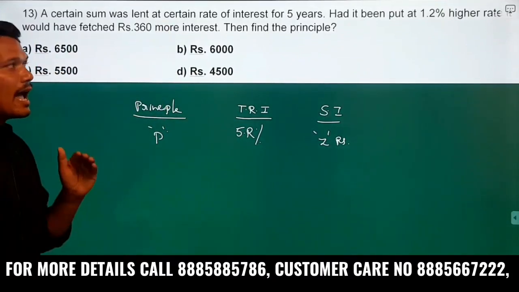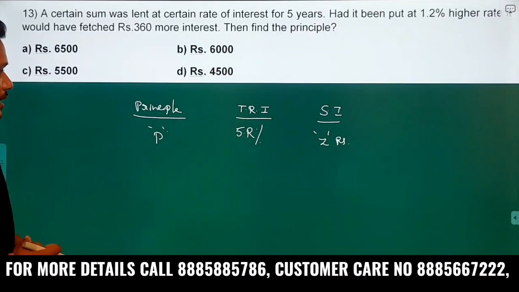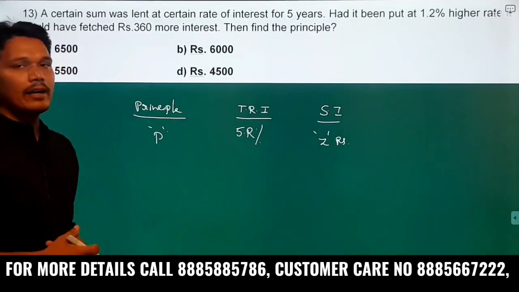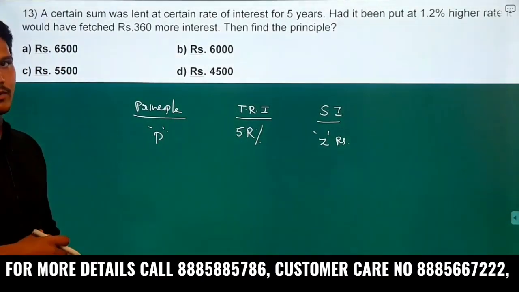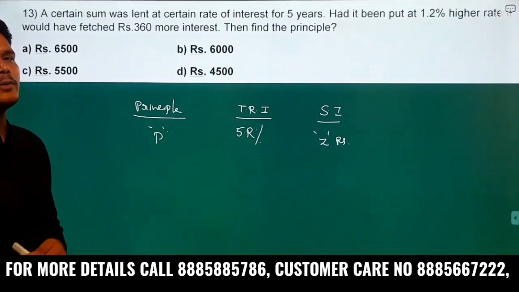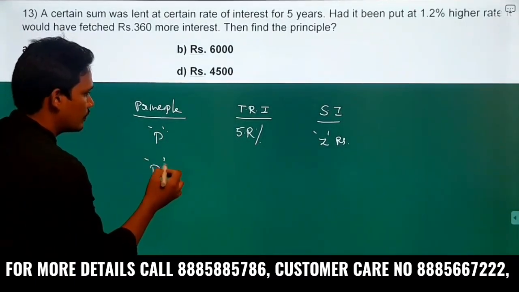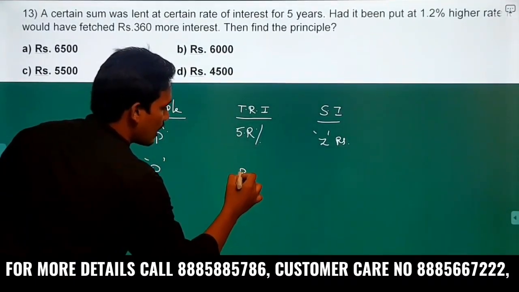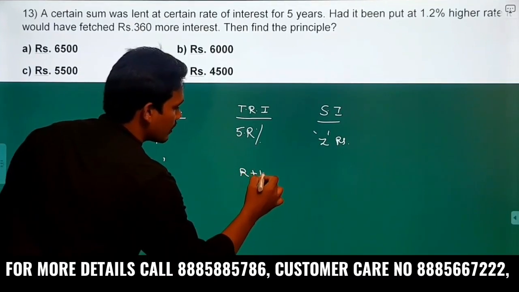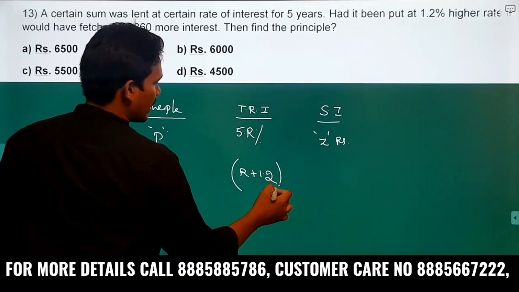And the next point, had it been put at 1.2% higher rate. You see here, initially we kept rate of interest equal to R percent. If you increase the rate of interest by 1.2% extra, the same principal will be there. Initially R is there, now increased by 1.2, for the same time of 5 years.